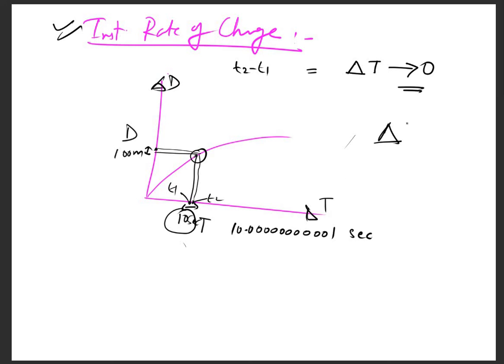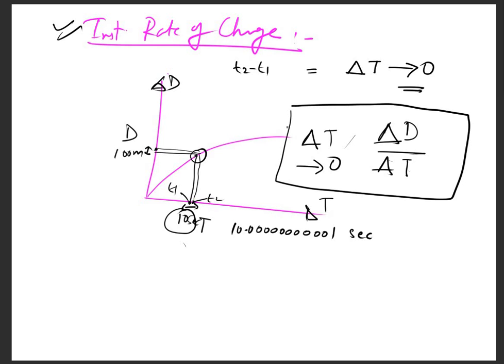Again, the same story, delta d over delta t, but there is a condition here. It says that delta t should tend to 0. The instantaneous rate of change does not hold any meaning if you don't write this.